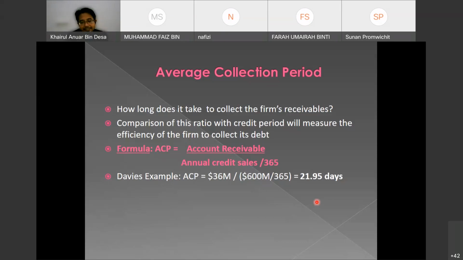Okay, Sydney, when you see 22 days to collect the account receivable, from your opinion, is this result good or not good for the company? And give your reason.